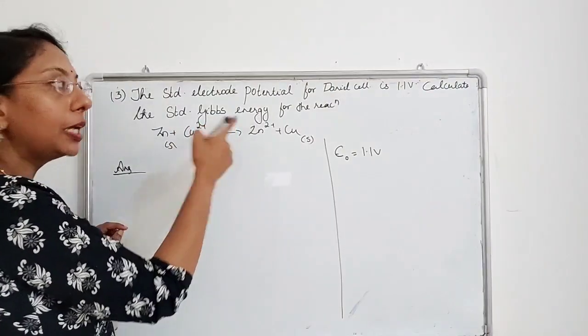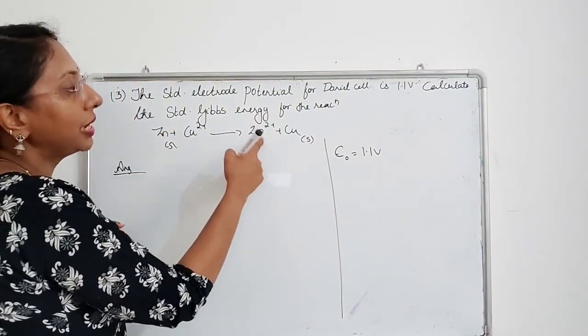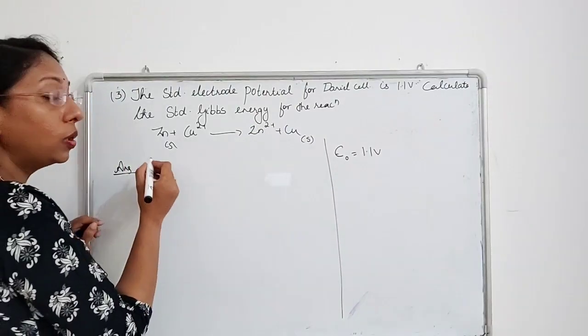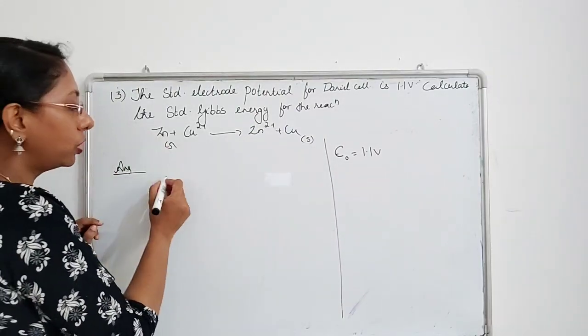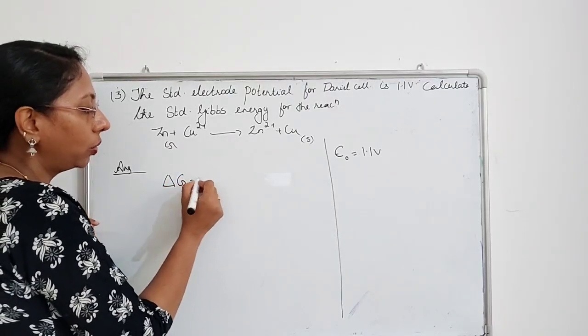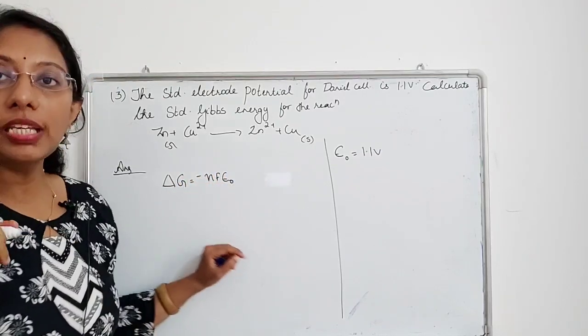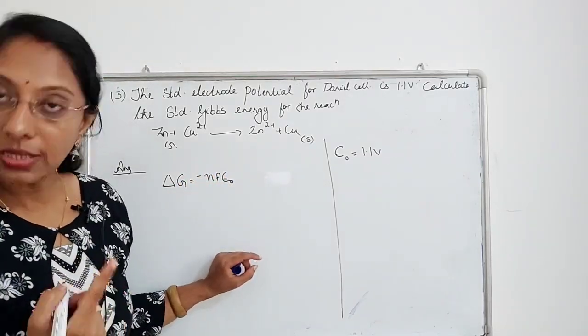Calculate the standard Gibbs energy for the reaction Zn plus Cu2+ gives Zn2+ plus Cu. So we know the relation between Gibbs energy and the standard potential: delta G is equal to minus NFE0. All these formulas are direct applications, so it is easy.